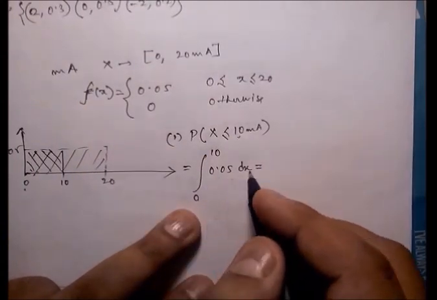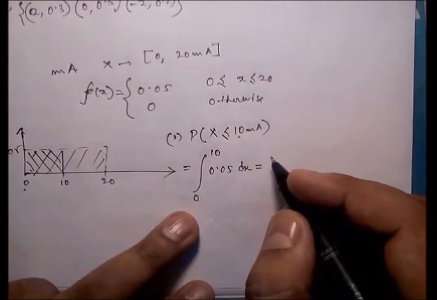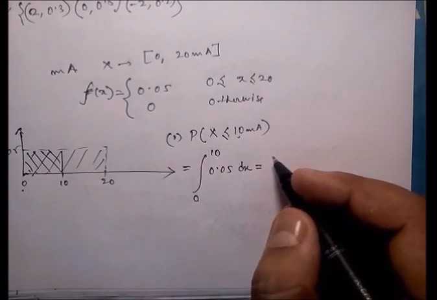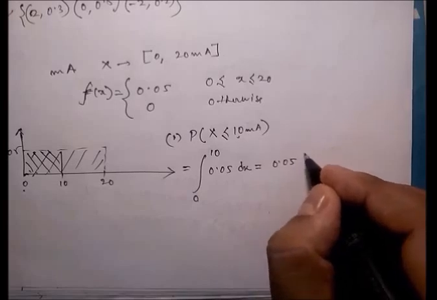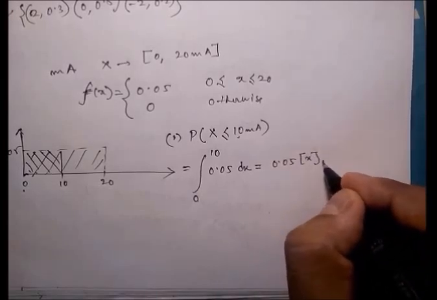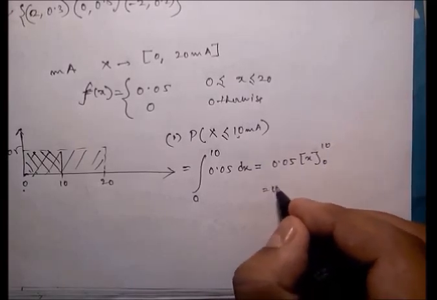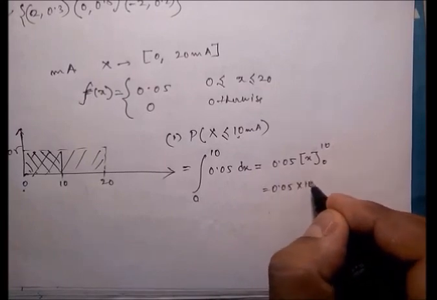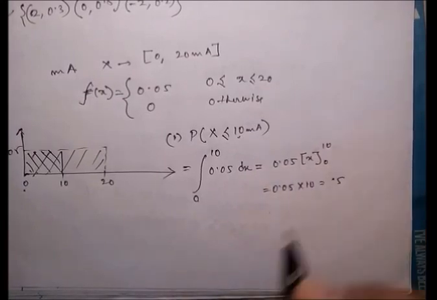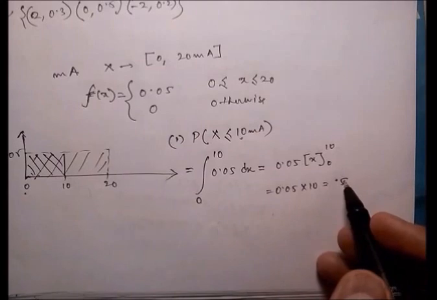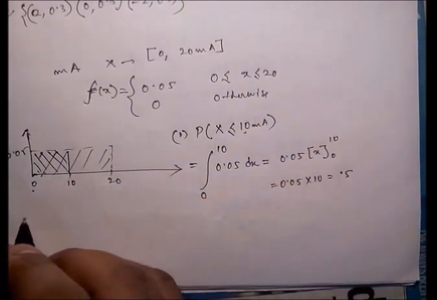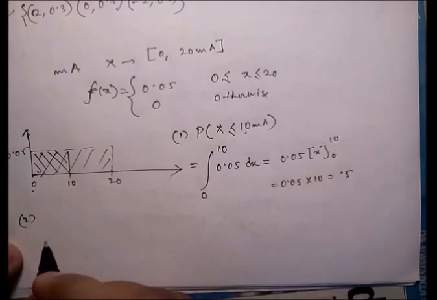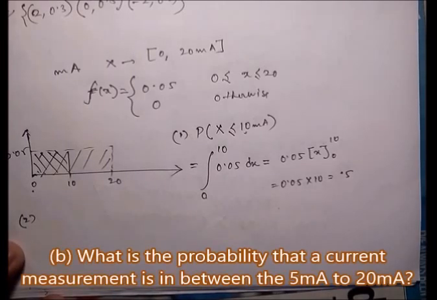If you solve it, we get 0.05 x from 0 to 10. So 0.05 into 10 is 0.5. So the probability is 0.5. That is the first question.